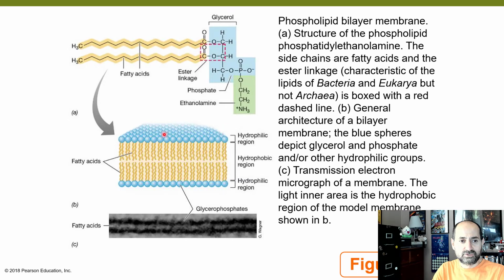And then you have the hydrophilic portion of the plasma membrane. That's where the heads are. And again, the heads point to the fluid outside of the cell and to the fluid inside of the cell. And here is an electron micrograph of the bilayer right there. You can see the bilayer with the fatty acids in the middle.